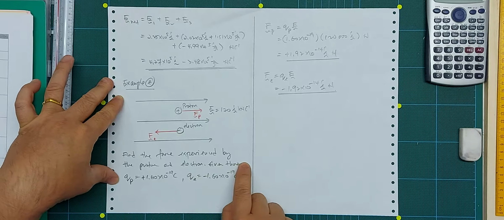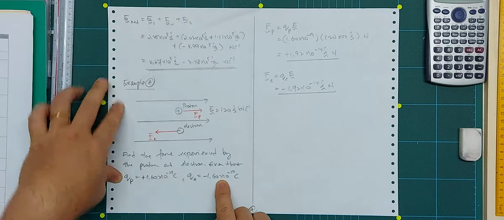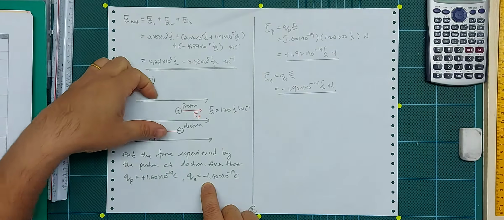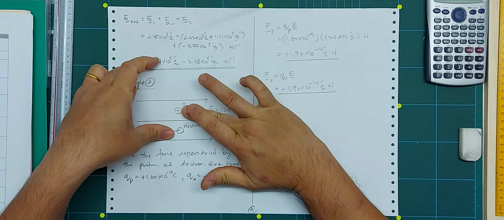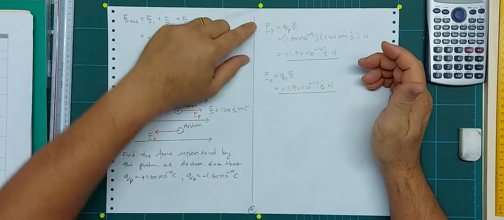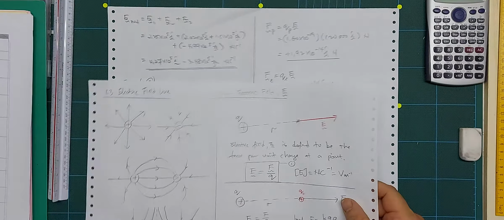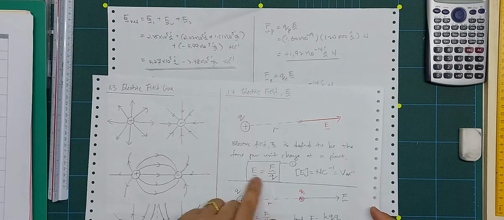You are given the charge of proton is this, the charge of electron is this. They have the same magnitude, but one is positive, one is negative. Initially, we don't know the direction of the force. Here we calculate the force from this formula: E equal to F over q, so F is equal to qE.